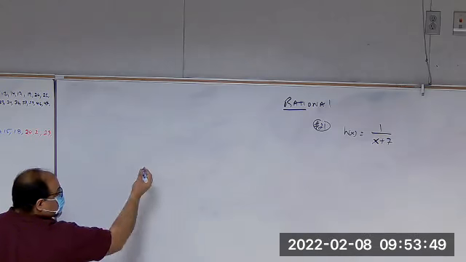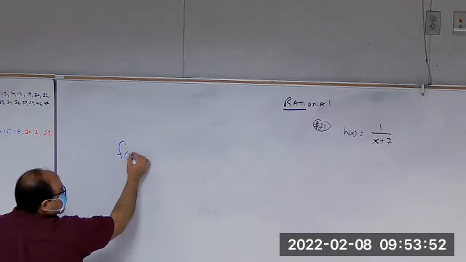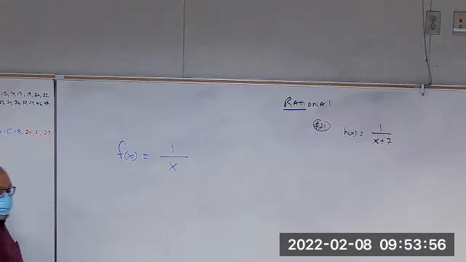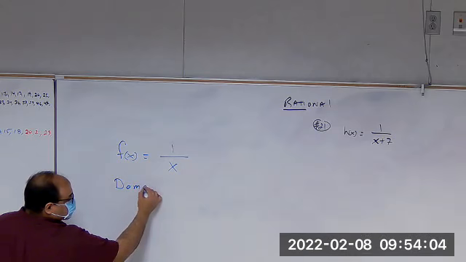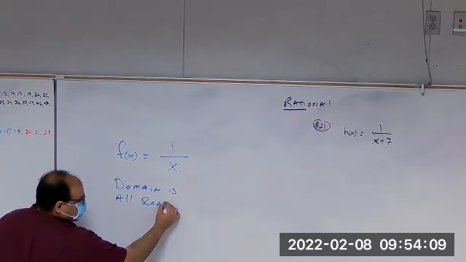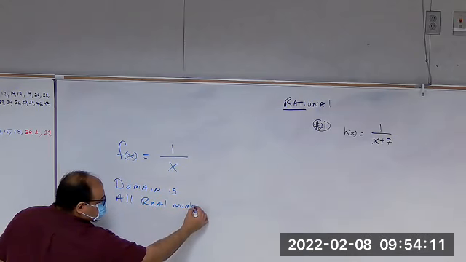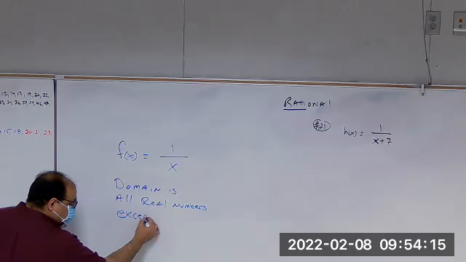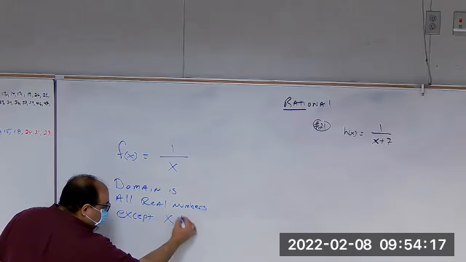If your function was f of x equals 1 over just a simple x, just 1 over x by itself, we would say with words, we would say the domain is all real numbers. You can plug in every single real number except x cannot equal 0.